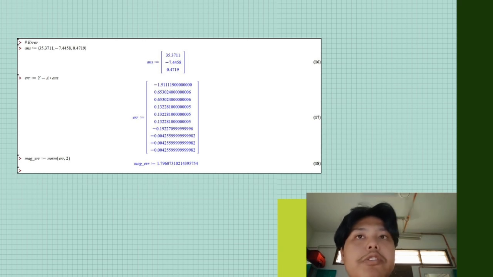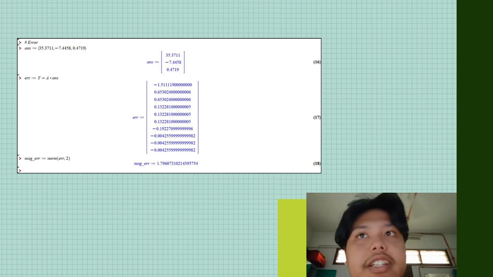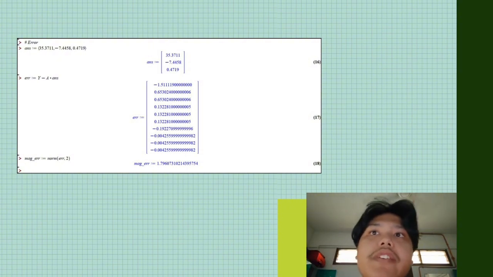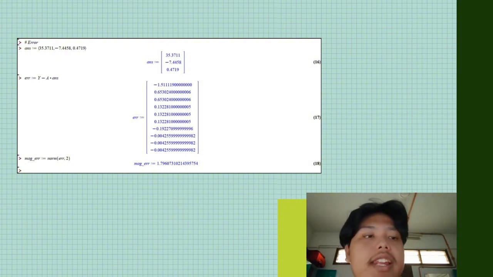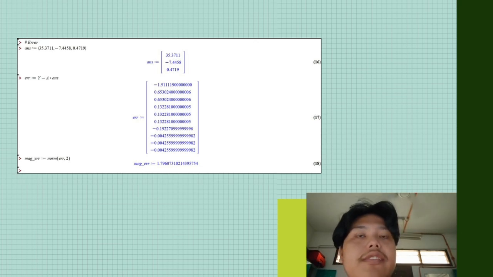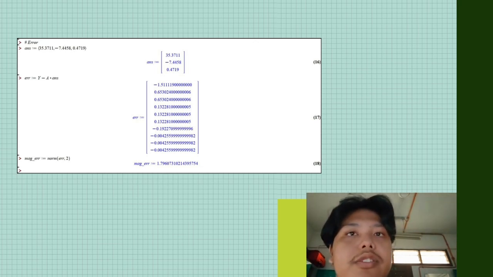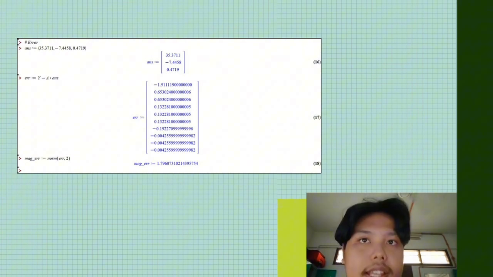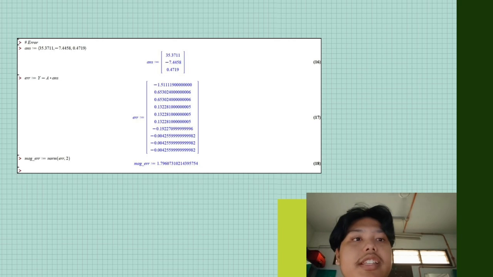Next, we want to find the error vector, so we use the answer from the line earlier, which is 35.3711, negative 7.4458, and lastly 0.4719. So we put the answer earlier into the matrix, and then we use error equals to y minus A dot answer, which is the answer we got earlier from the line, and then we got the error.